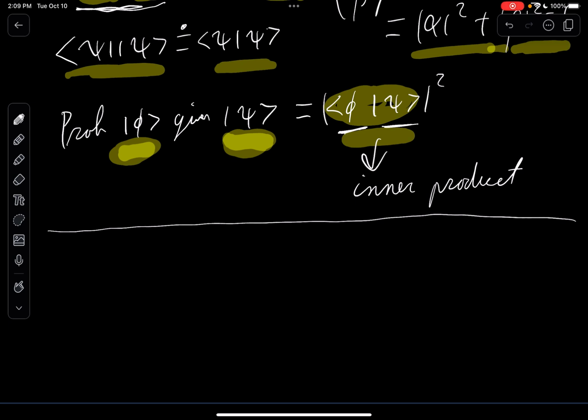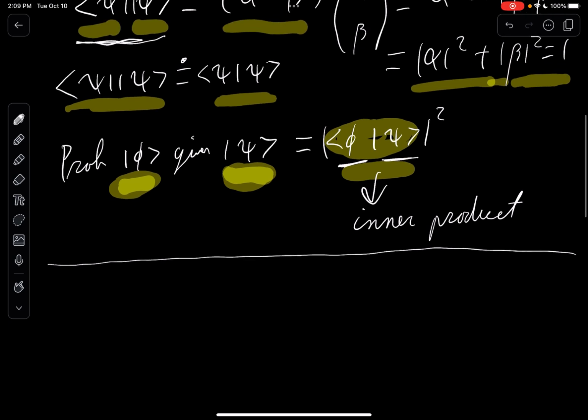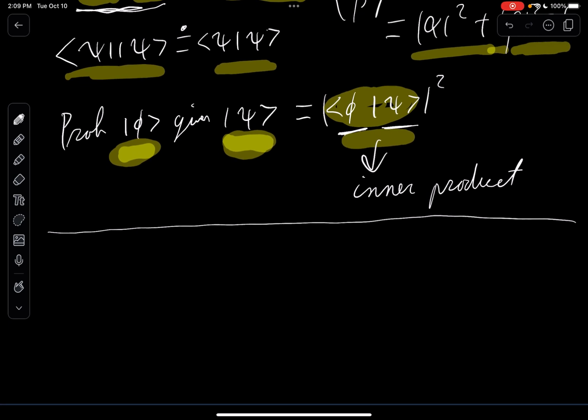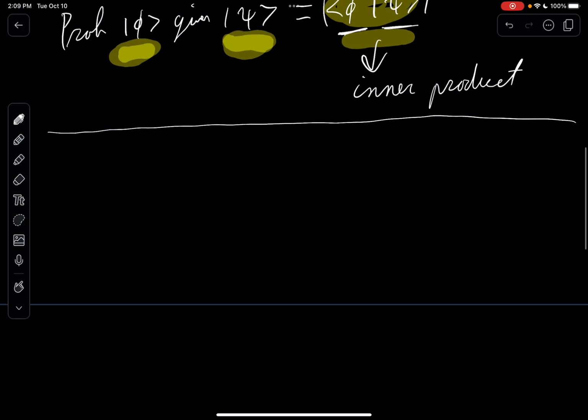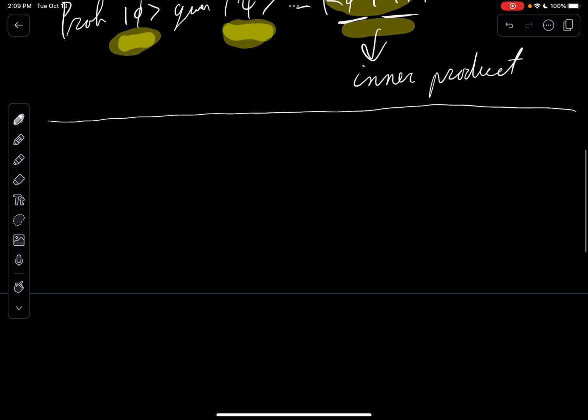This shows us the general way of calculating probabilities. Up to now it has been quite general, so let's go through some examples. Let's choose alpha equal to 1 over square root 2 and beta equal to 1 over square root 2. In other words, we have the following state.